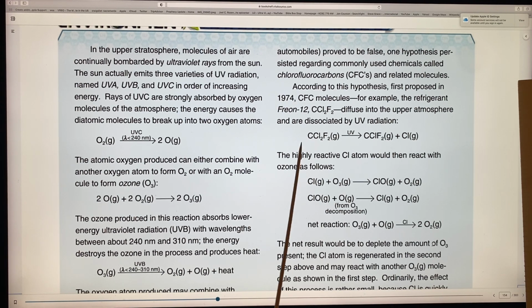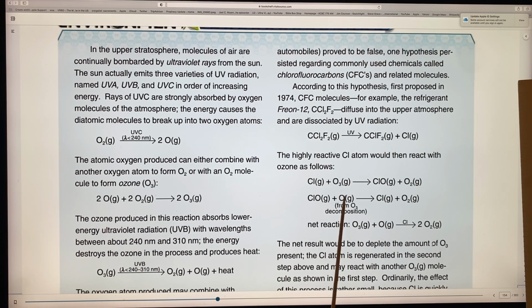What happened basically, you see here's the Freon and how it is separated by UV light into CClF and chlorine. So now we have a highly reactive chlorine atom. Chlorine will definitely react with ozone because it's highly reactive.